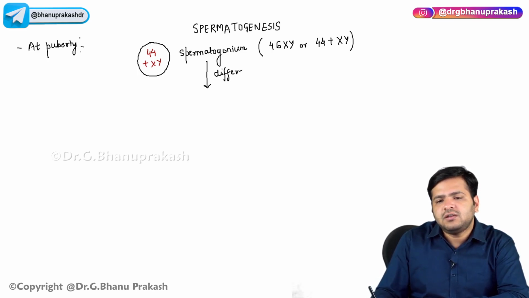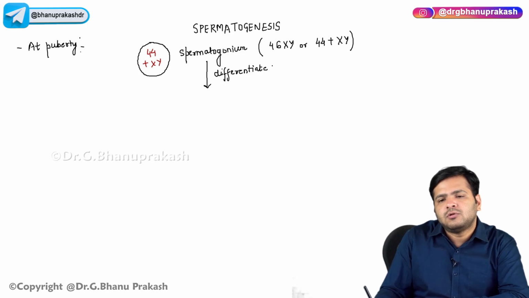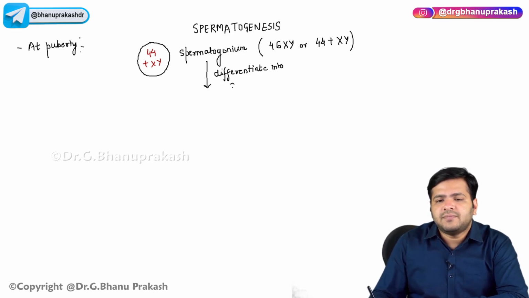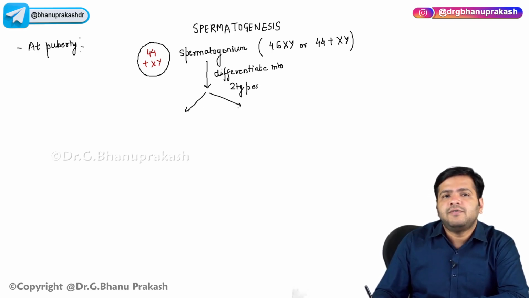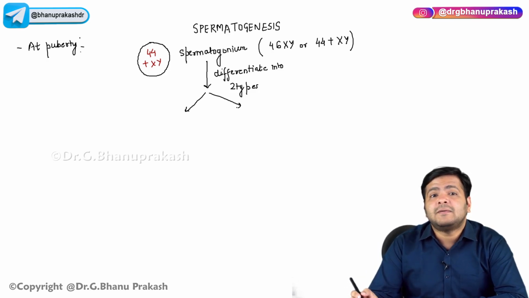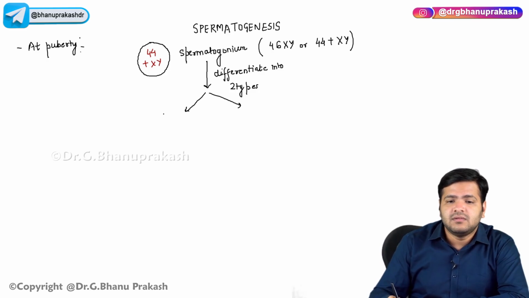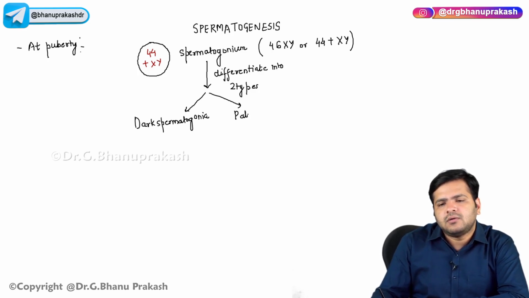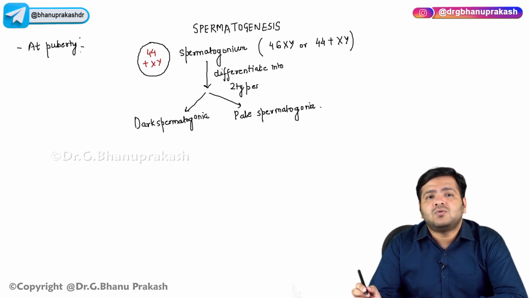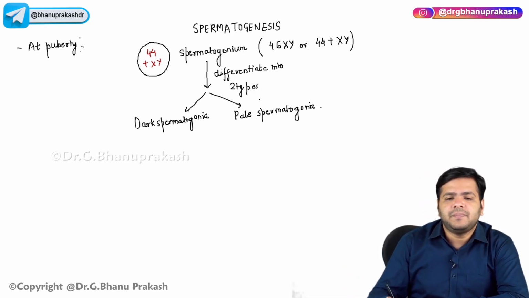Now this spermatogonium will differentiate into two types. We have dark spermatogonia and pale spermatogonia. Dark spermatogonia is type A spermatogonia.